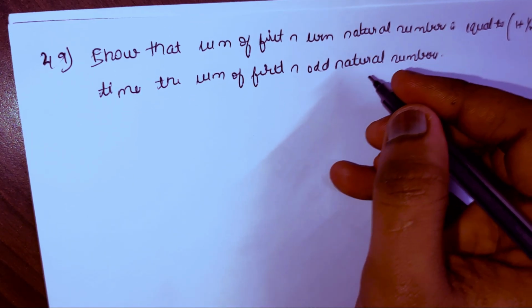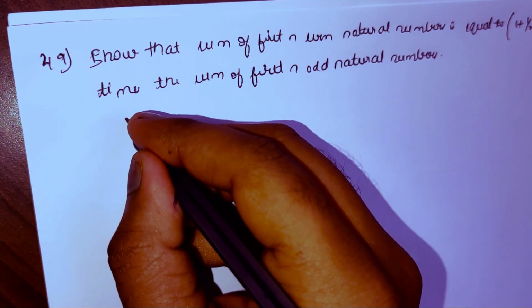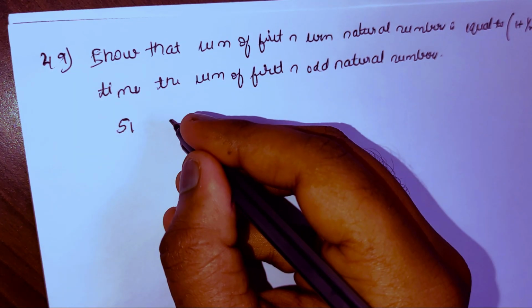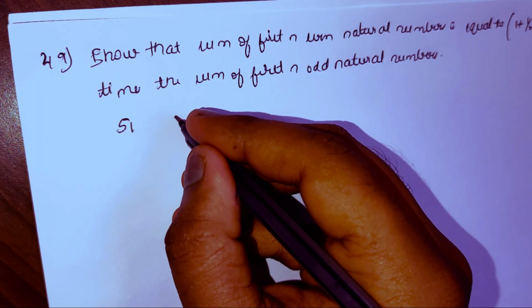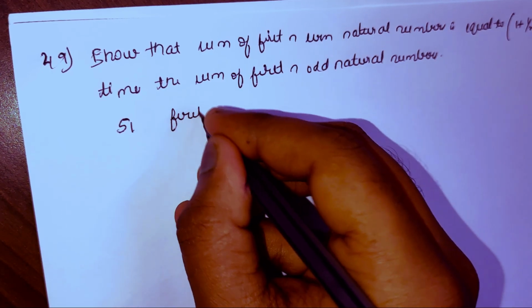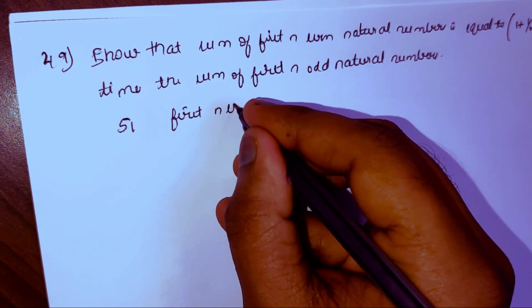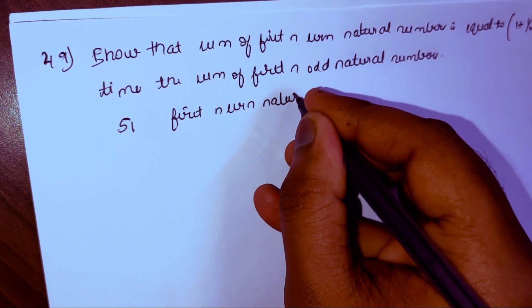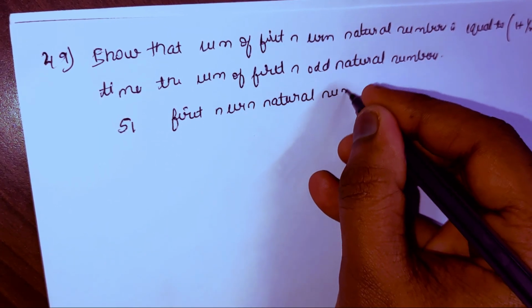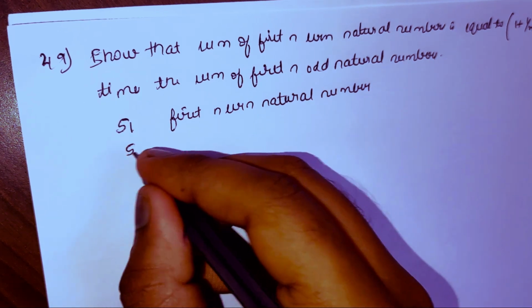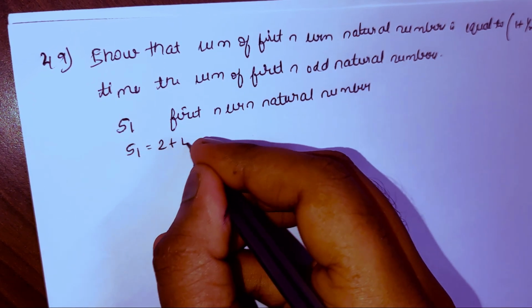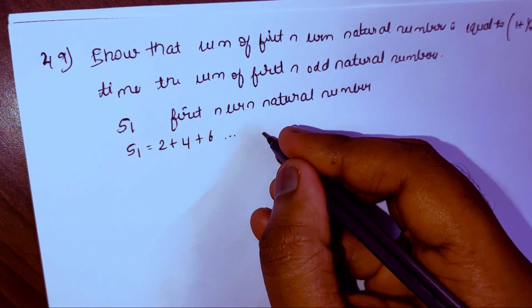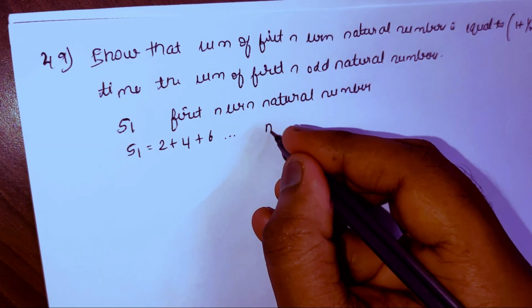We'll solve this question. We'll take S1 to denote the sum of first n even natural numbers. S1 is nothing but 2 plus 4 plus 6 and so on up to n terms.